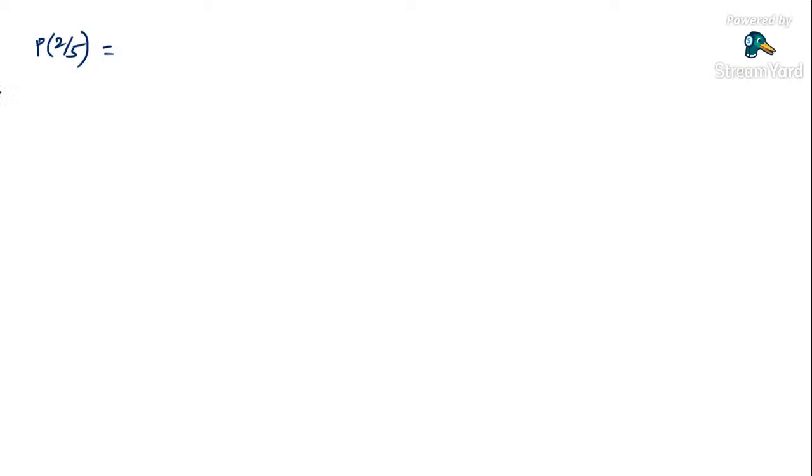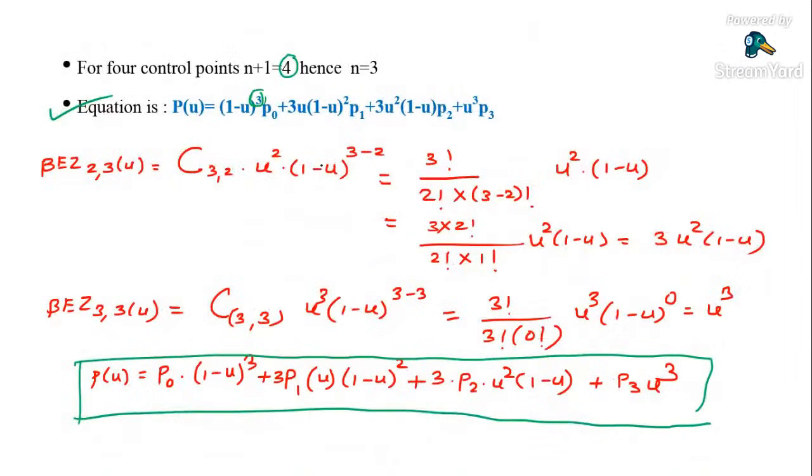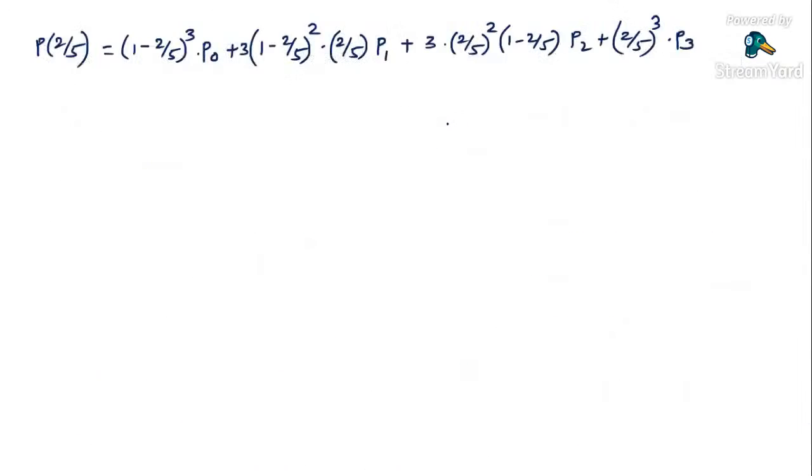Put u as the value: (1 minus 2/5)³ into P0 plus (1 minus 2/5)² into 3 into 2/5 into P1 plus 3 into (2/5)² into (1 minus 2/5) into P2 plus u³, (2/5)³ into P3. Okay, this is the equation we have. Now put the values, calculate, simplify it.